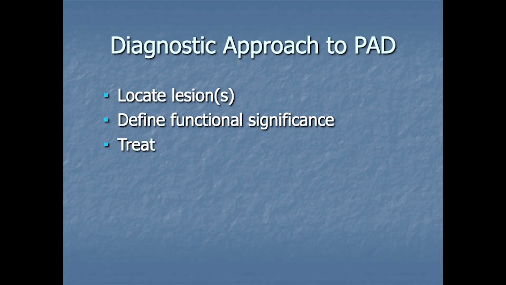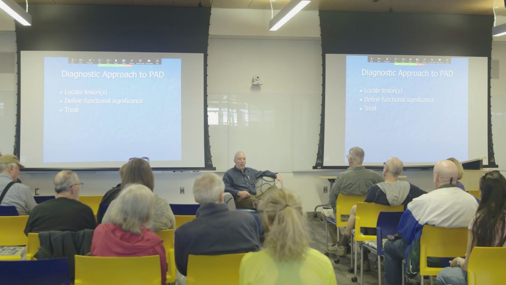So if you had 100% block in your femoral artery and you found it incidentally on a CAT scan, and your doctor says, go see the vascular surgeon, and we're having a conversation about what your symptoms are and what's going on, I say, well, how far can you walk? Like, I can walk 5 miles, you know? Okay, how about uphill? Yeah, no problem. You have any wounds? No? Okay, what are we gonna do with that?